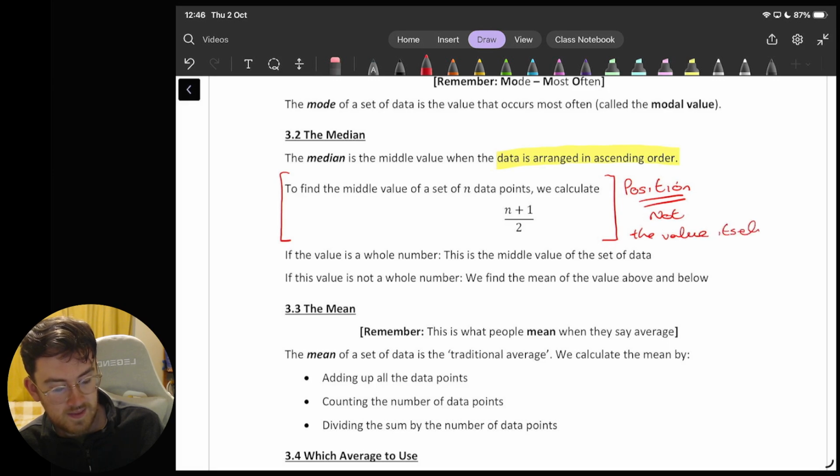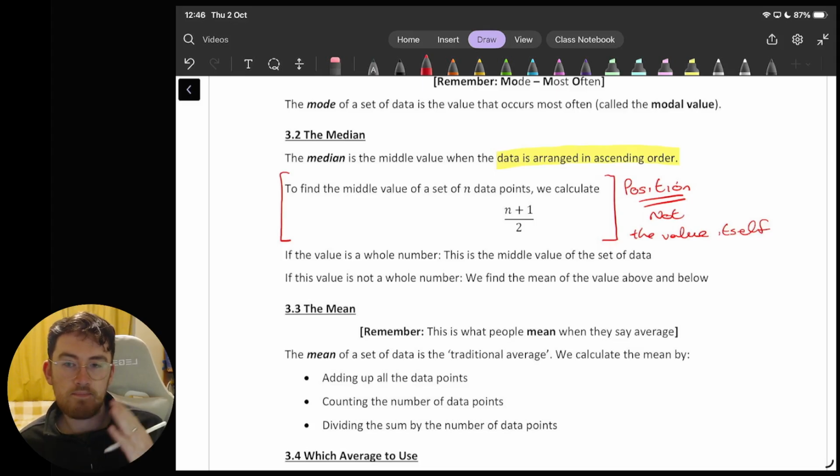What I mean by that is that this little trick helps us to calculate what the middle number of a set of numbers is. So if I have 10 points in my data set, then this would help me to calculate the middle position for that data set, and I could then work to actually calculate the median itself. This can be useful if you have a large number of data points. If you have a smaller number, you might be able to just eyeball and visually see which one is the middle.